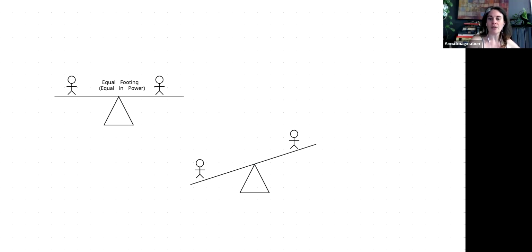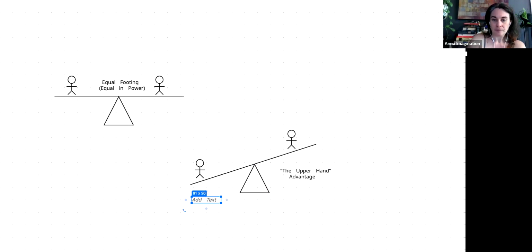This is what we call the advantage or the upper hand. I love this diagram. This is one of my favorites. So this is the upper hand and or the advantage. And then we have the disadvantage.